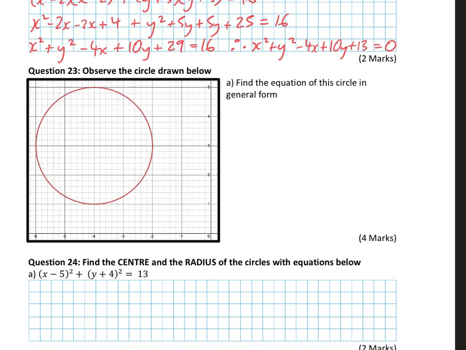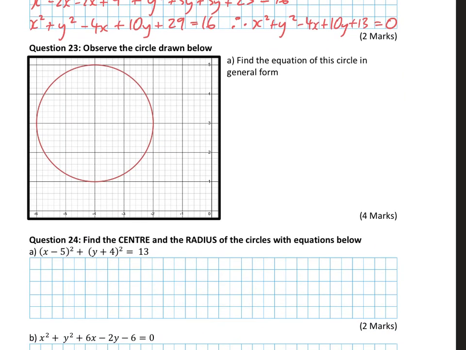Observe the circle drawn below. Find the equation of this circle in general form. So I'm going to start in center radius form. It says -4, 3. So it's going to be x plus 4 squared plus y take 3 squared equals 4. I'm not going to show the full steps now. I'm just going to expand that.